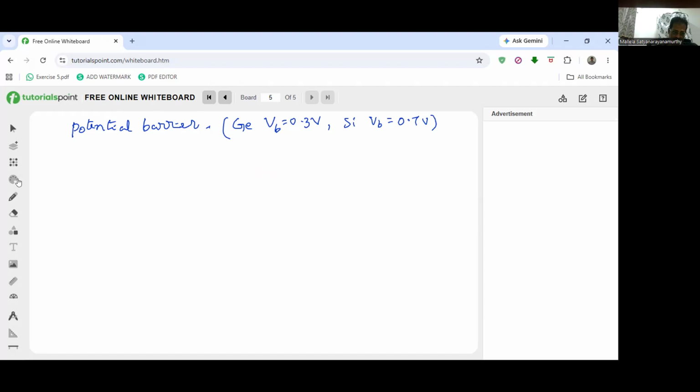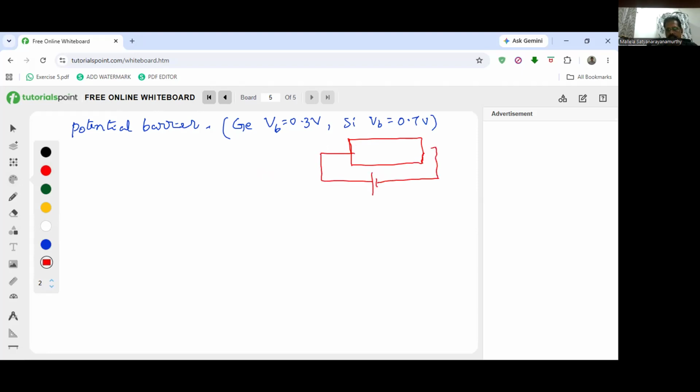Actually, this is the applied potential, whether it is for forward bias or reverse bias.